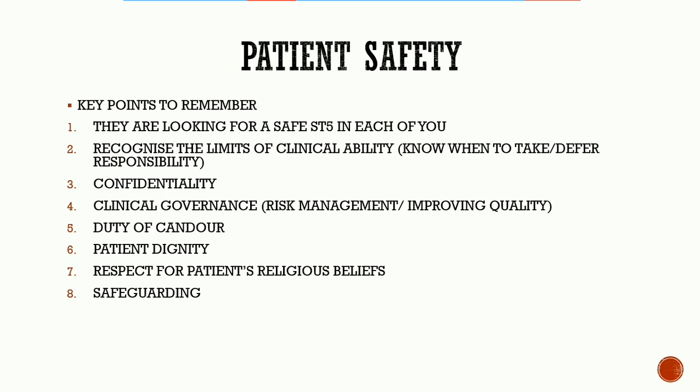Safeguarding I mentioned here because whenever indicated, it is important to refer to the safeguarding services of the hospital, like in case of child abuse, or in case of a rape victim. Instead of involving the police directly as an ST5, the first thing that you would do is inform your consultant and inform the safeguarding services. Again, confidentiality will come into play over here. Of course, with a rape victim who is an adult and capable of understanding, there may be issues with confidentiality.